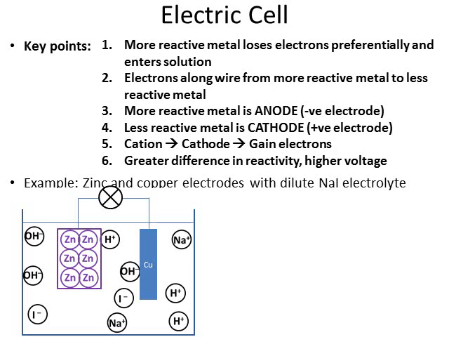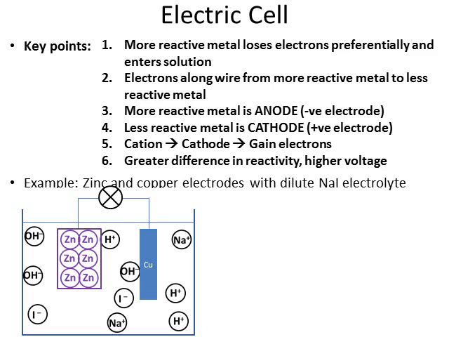In an electric cell, simple cell, electrochemical cell, whatever, as long as it's not electrolysis, the anode is the negative electrode and the cathode is the positive electrode. Still, cations will go to the cathode to gain electrons. And the greater the difference in the reactivity of the metals, the higher the voltage generated.